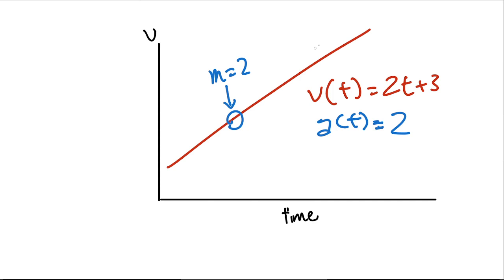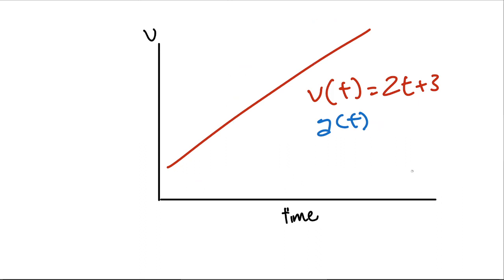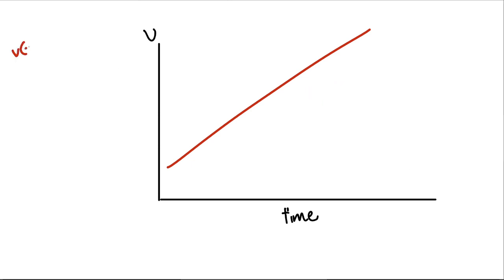So that means that our acceleration, which is a function of the slope at any point in time, is going to be equal to 2. So let's just write this on the side. When our velocity as a function of time is equal to 2t plus 3, our acceleration is going to be equal to 2. Okay, we have that established.